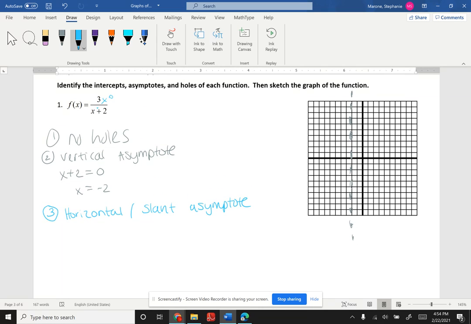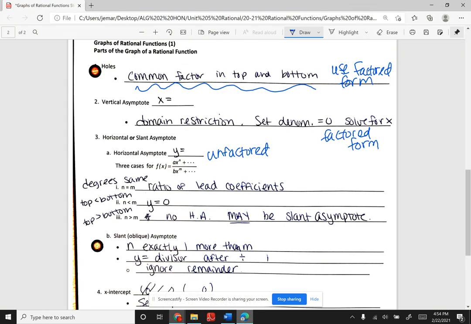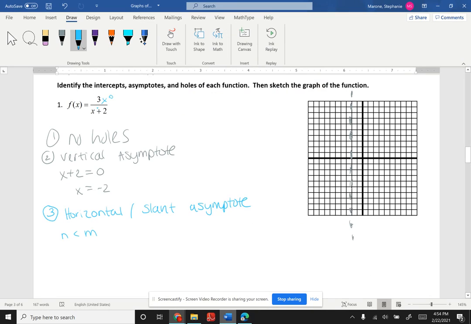So the degree of the top, which is n, is less than the degree of the bottom, which is m. It's so much easier to say that n is less than m than saying the degree of the top is less than the degree of the bottom. So we look back at that paper and we look at the middle case. So if the degree of the top is less than the degree of the bottom, the horizontal asymptote is at y is equal to 0.